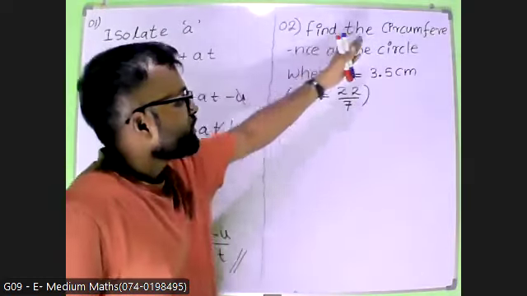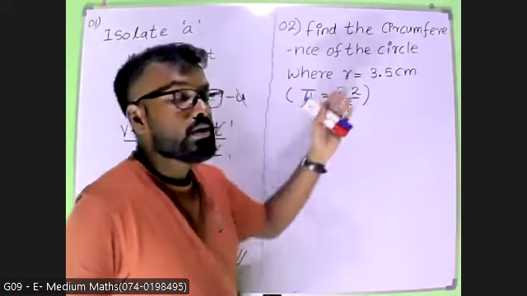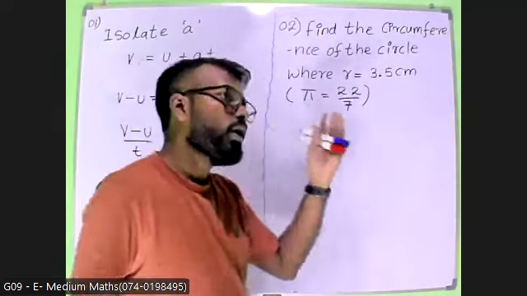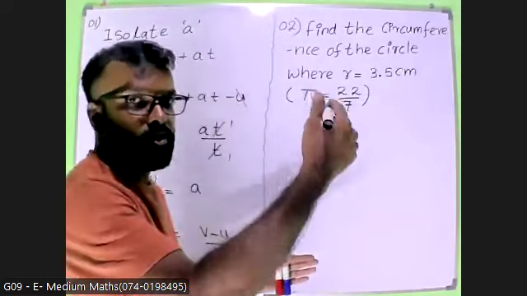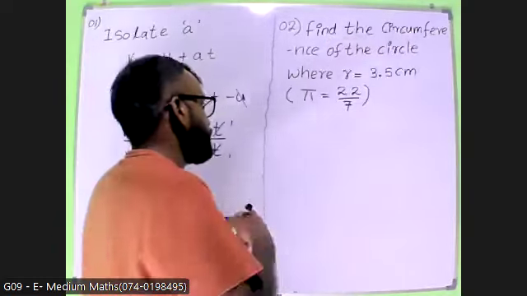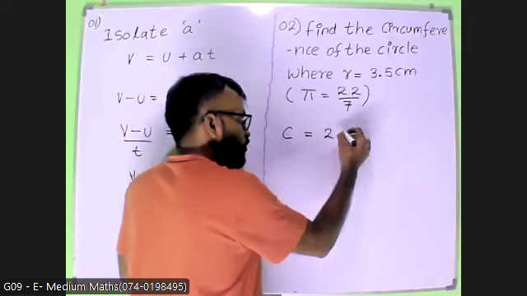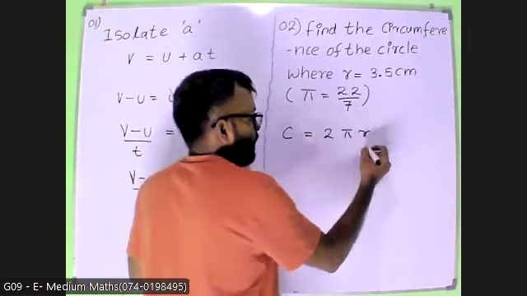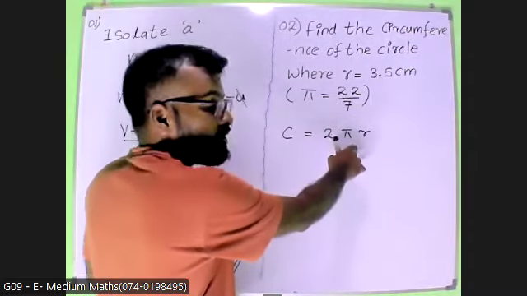Find the circumference of the circle where r equals 3.5 centimeters. R means radius. If you have the radius, you have to use C equals 2πr in order to find the circumference. So I am going to substitute the values into this equation.